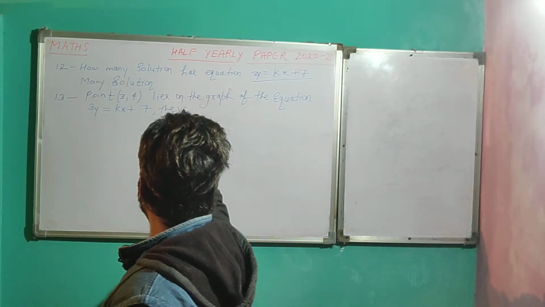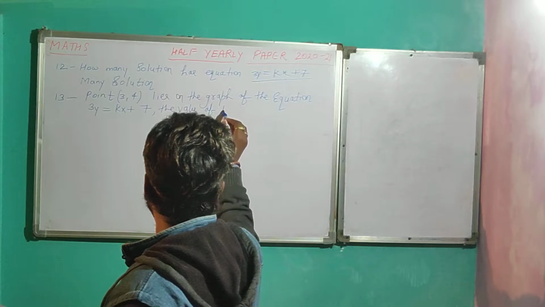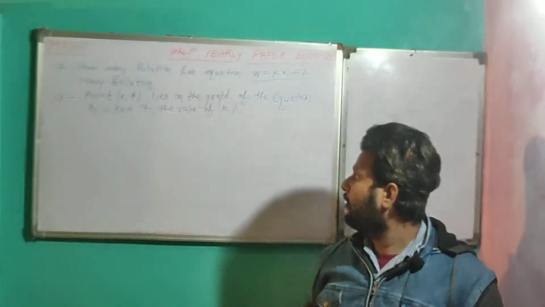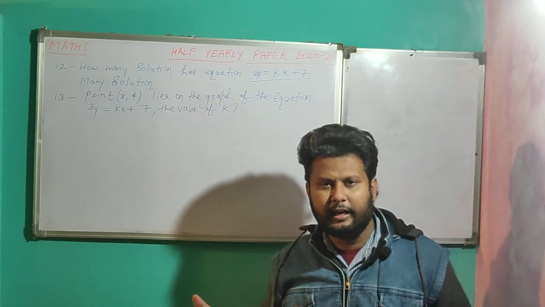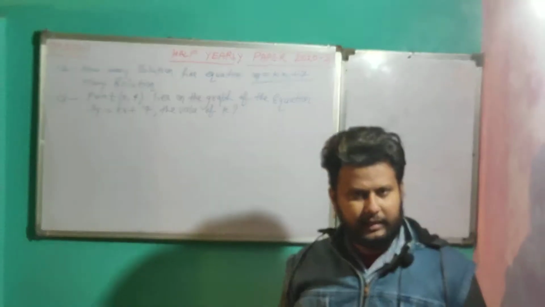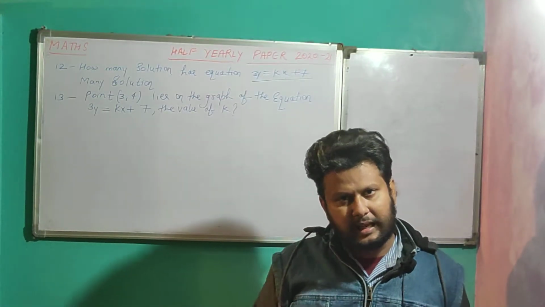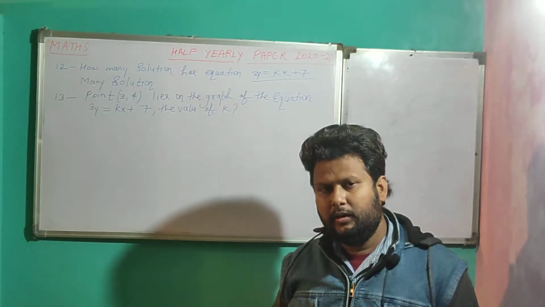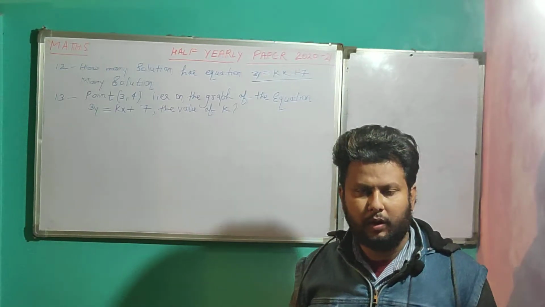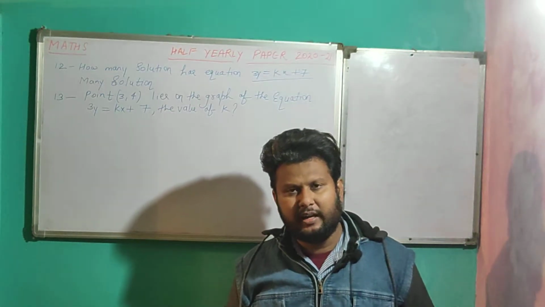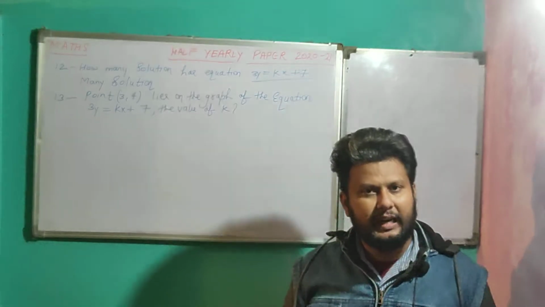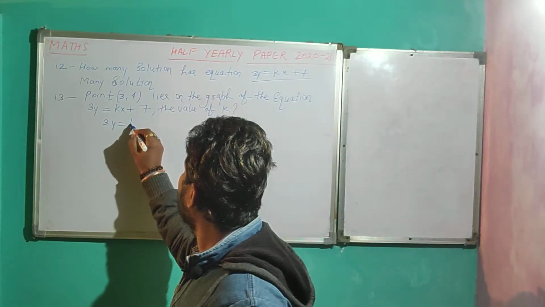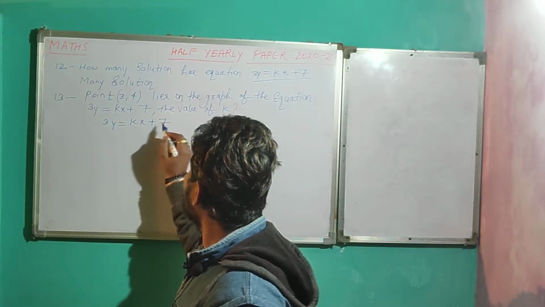The value of k? In this question, it is asking the value of k for the point (3, 4). We know very well that if any point is lying on any line, then both the coordinates of that point will satisfy the equation of the line. That means on putting the value of x and y in that equation, we will get 0.